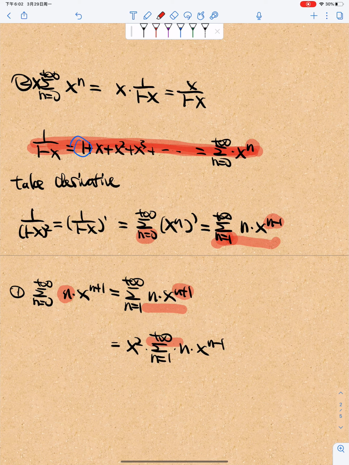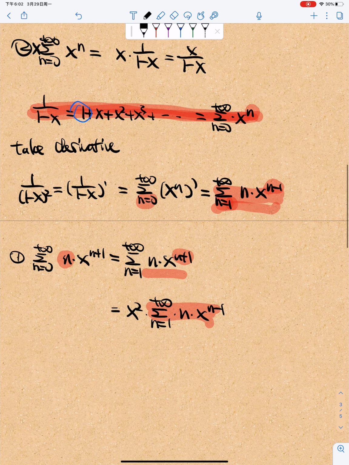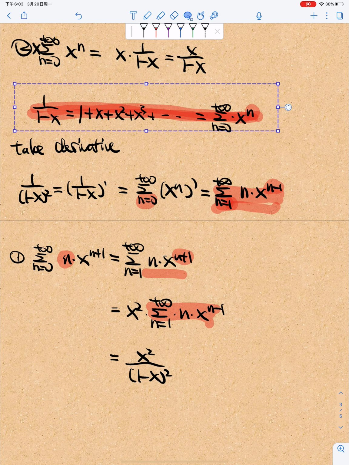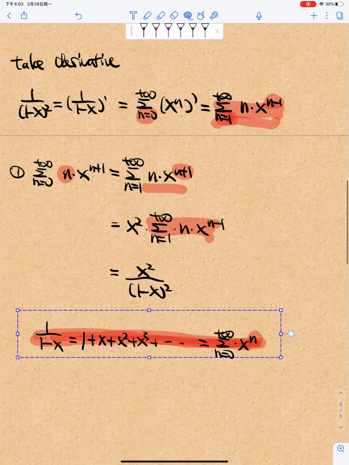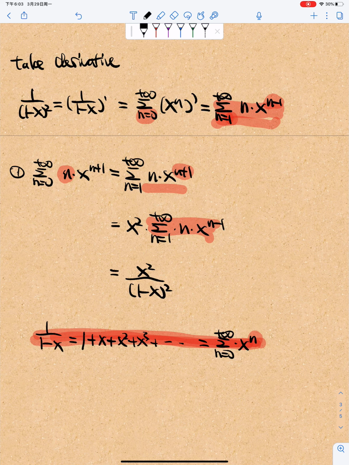We get an exact match, and therefore this is equal to x squared over 1 minus x squared. Okay, so by taking the derivative of this power series, we obtained the function that represents part 1.